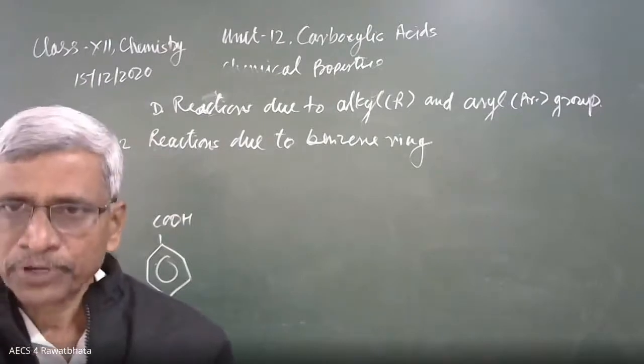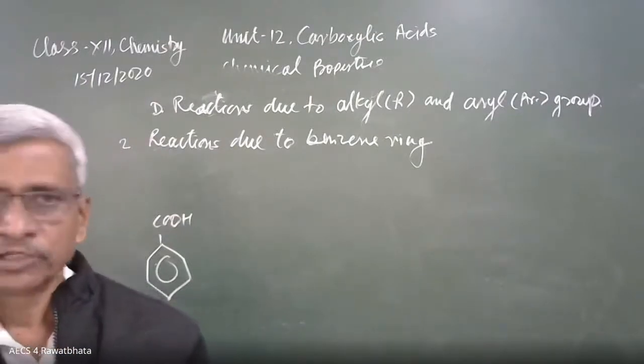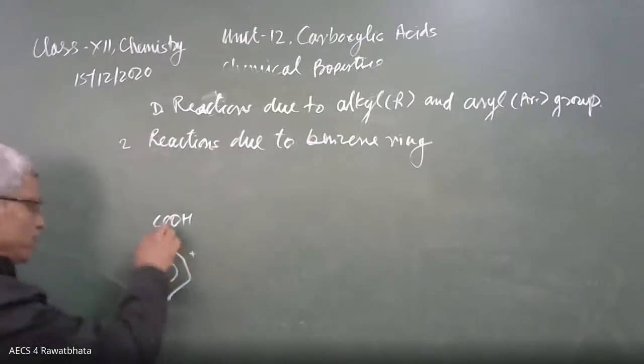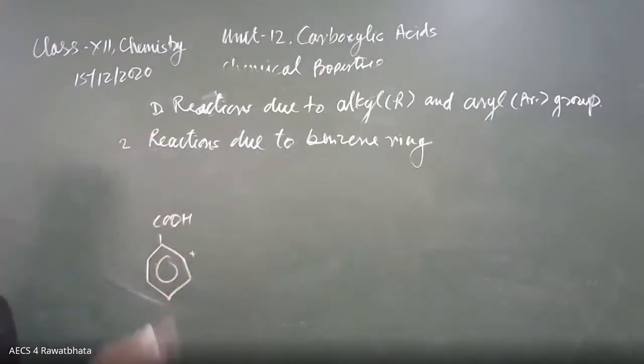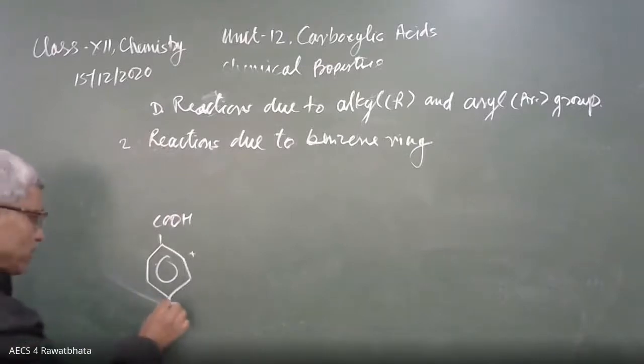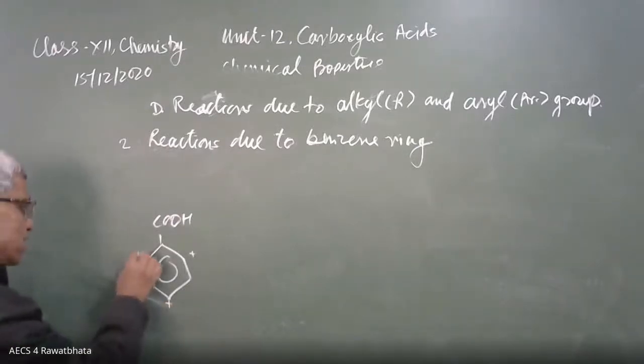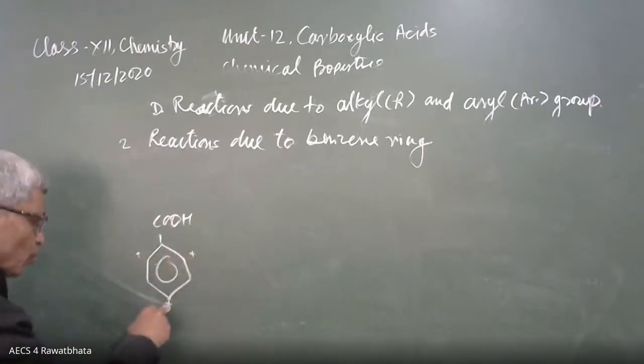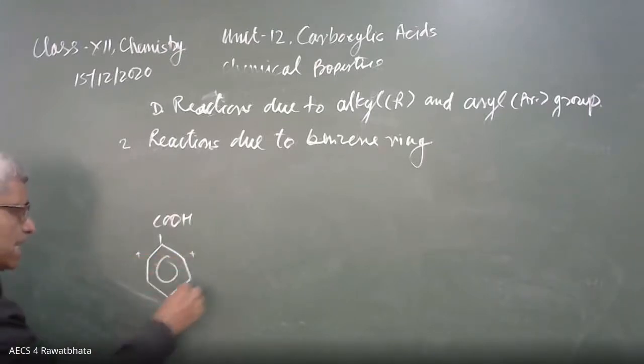They acquire positive charge. As positive charge develops at the ortho carbon due to withdrawal of electrons by the COOH group, or at this carbon or this carbon, therefore electron density is low at these carbon atoms and the meta carbon has greater electron density as compared to ortho-para.